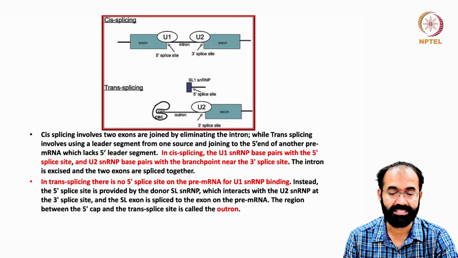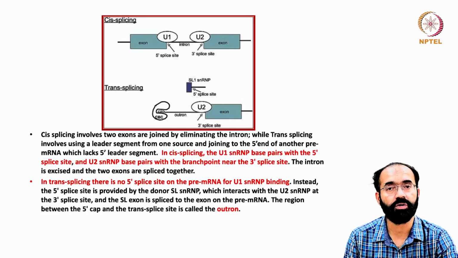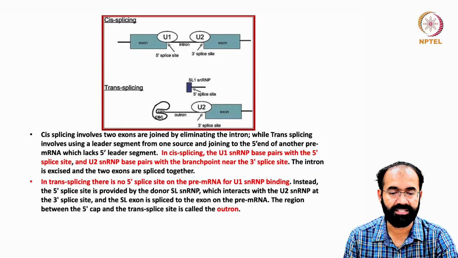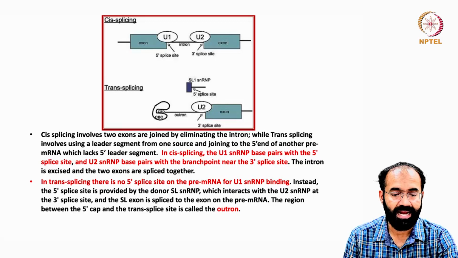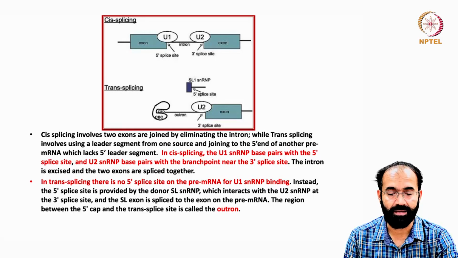That's why we call it snRNP, which now interacts with the U2 snRNP located on another RNA's branch point, present in the intron at the 3' splice site. As you can see here, U2 is situated here and U1 is now pairing here. Normally the branch point is at the 3' splice site, and the SL exon, that is the splice leader sequence bearing exon, is now spliced to the exon on the pre-mRNA during the second transesterification reaction.